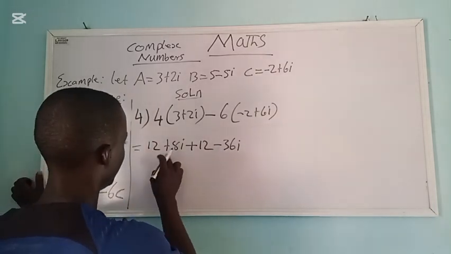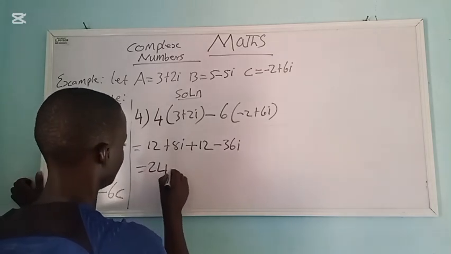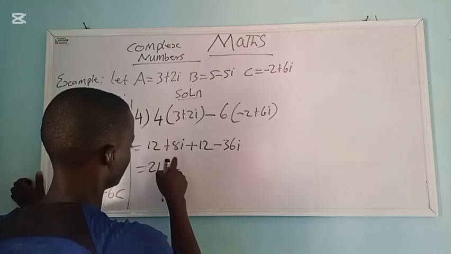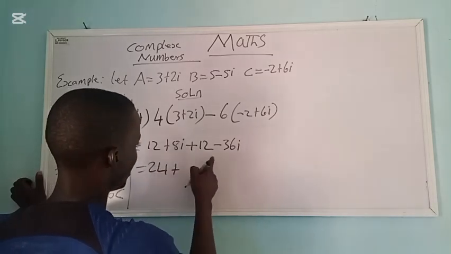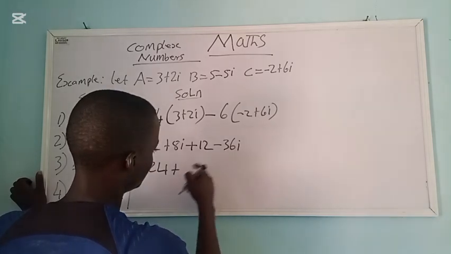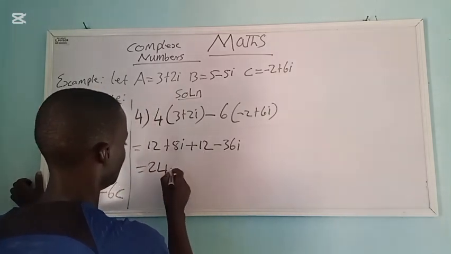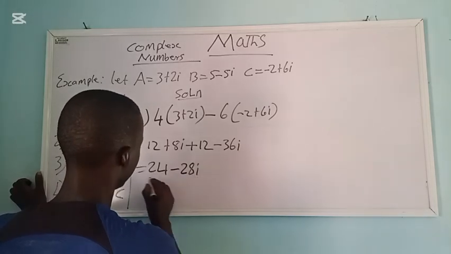So now you collect like terms: 12 plus 12, we have 24. 24 plus 8i minus 36i will be minus 28i.